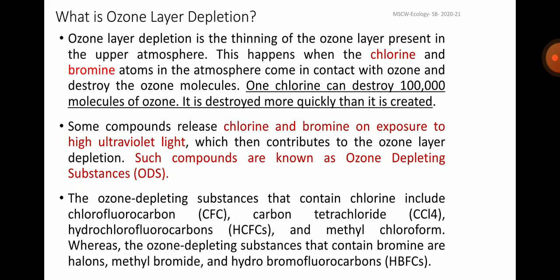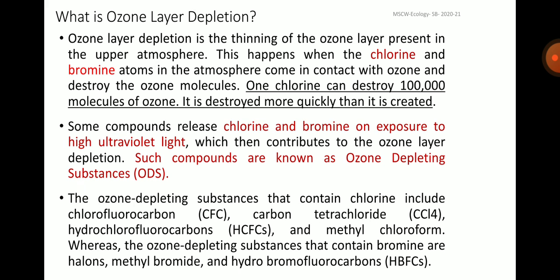The average thickness of the ozone layer in the stratosphere is approximately 300 Dobson units. When the ozone level decreases below 200 Dobson units, the condition generally qualifies as an ozone hole.